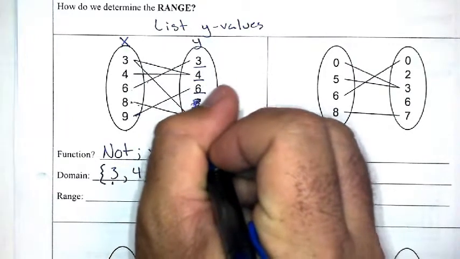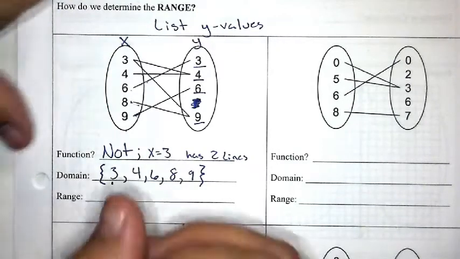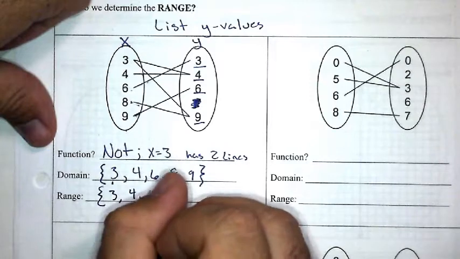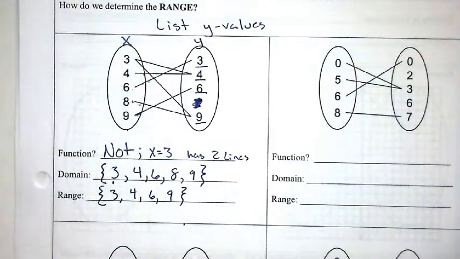If there's no line to it, it's not a part of my problem. Now I just write the ones that I do have. I have a 3, I have a 4, I have a 6, and I have a 9. Bada bing, bada boom.